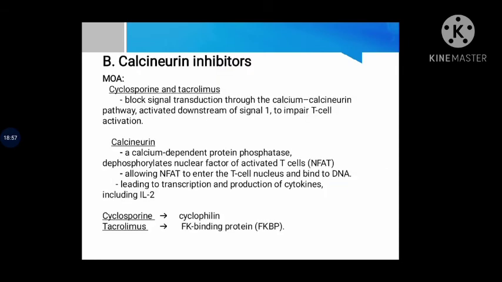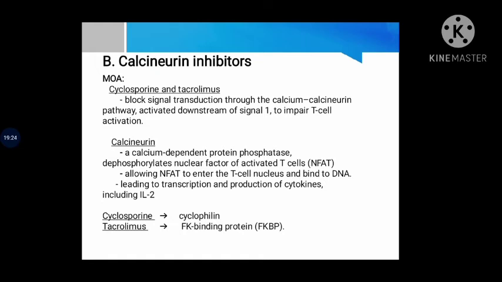Next immunosuppressant is calcineurin inhibitors. So cyclosporine and tacrolimus are the drugs that belong to calcineurin inhibitors. Its mechanism of action is to block signal transduction through the calcineurin pathway, activated downstream of signal 1.